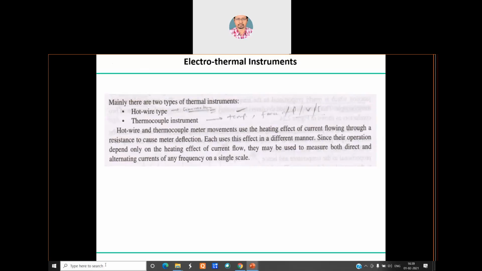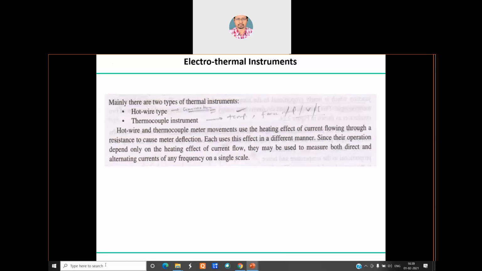Electrothermal instruments. Again, I may not ask this from an examination point of view, just check the syllabus. Two different schemes we use: hot wire type instruments, which are practically very famous as anemometers. I repeat, hot wire anemometers, or the hot wire type of instruments.